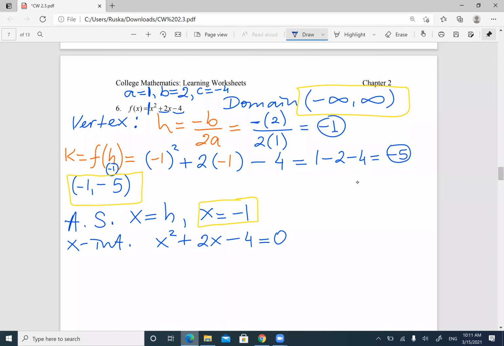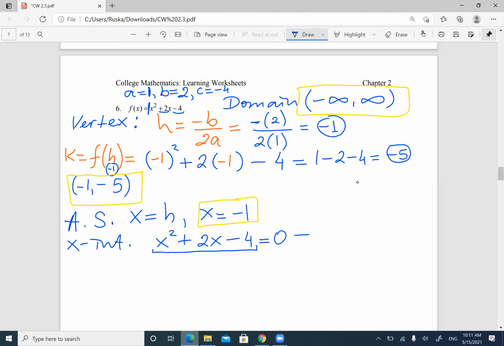You can solve this equation in different ways: by the quadratic formula, by factoring, or you can get the vertex form of the equation and solve it the same way we did with the previous examples. I'm going to show you how to get the vertex form. This is the standard form of the equation, right?